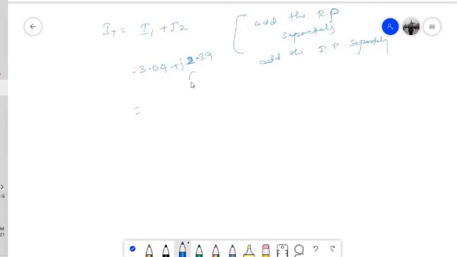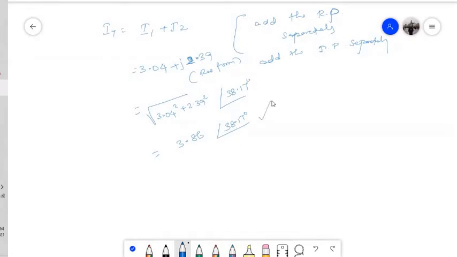Expressing this in polar form, root of 3.04 square plus 2.39 square, tan inverse 2.39 by 3.04, so you must be getting 38.17 degree. This will be 3.86, 38.17 degree.